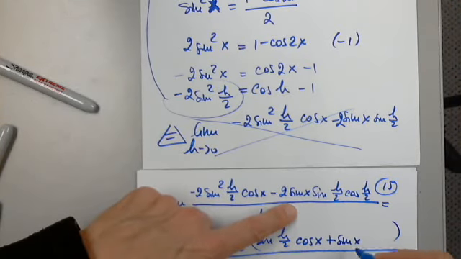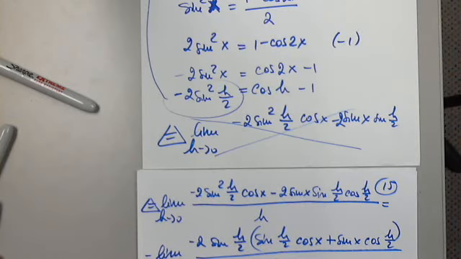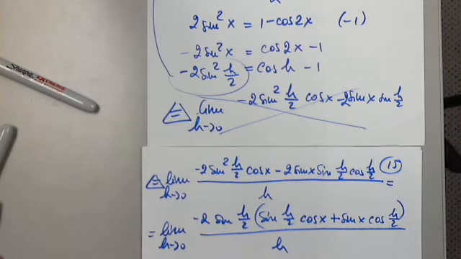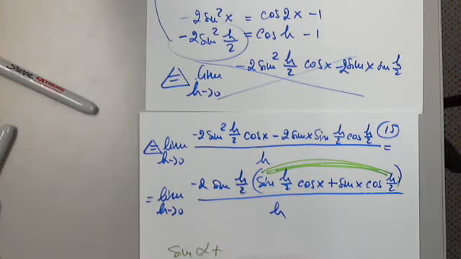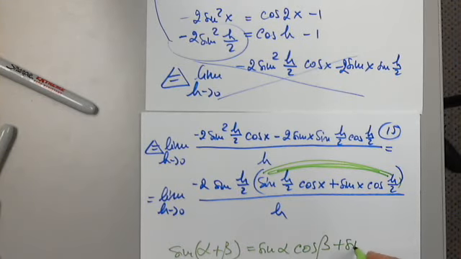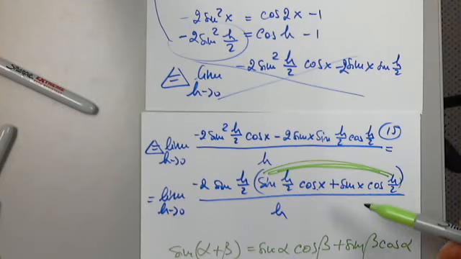I do have sine x and cosine h over 2. So I factor out sine h over 2 from here, and I get sine x and cosine h over 2. Last trig identity that we have to apply is this. Sine alpha plus beta is sine alpha cosine beta plus sine beta cosine alpha, somewhere front cover, back cover of your textbook. So this is this, this is this, this is this, this is this.